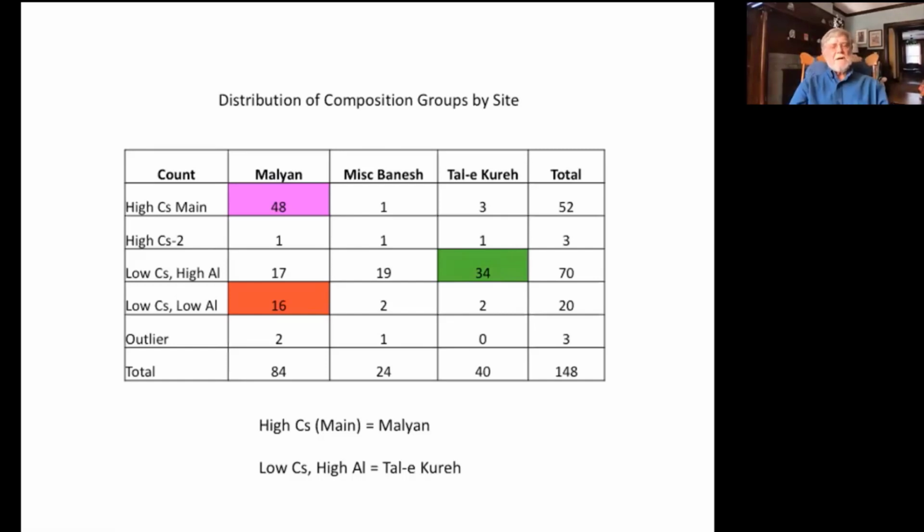Tol-e Malian is making pottery for the peripheral settlements, but not for the main settlement. And the main settlement is making pottery that it's not sharing with anybody in the periphery. That's a pretty interesting pattern.